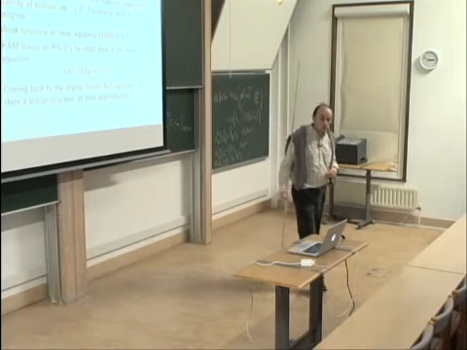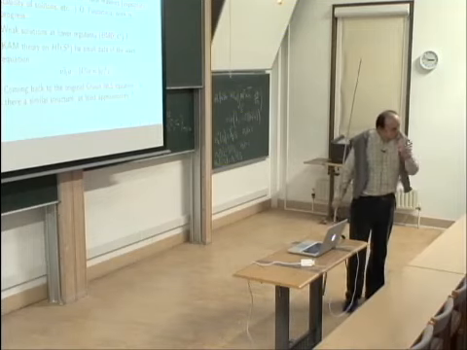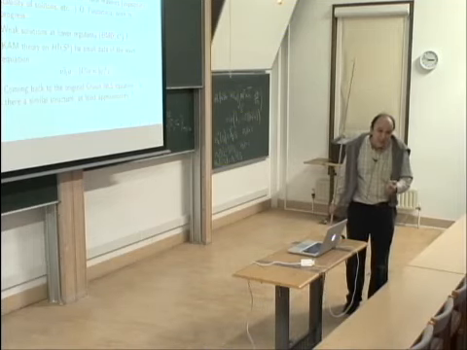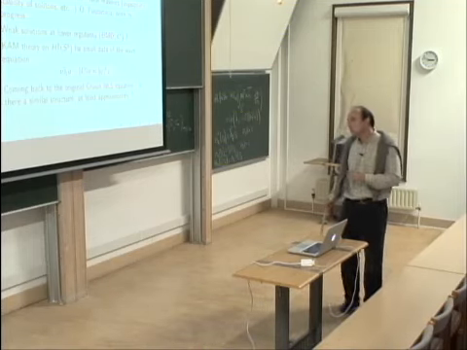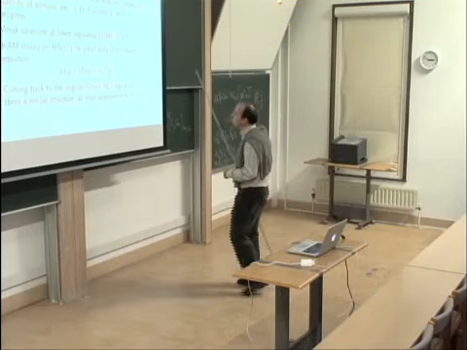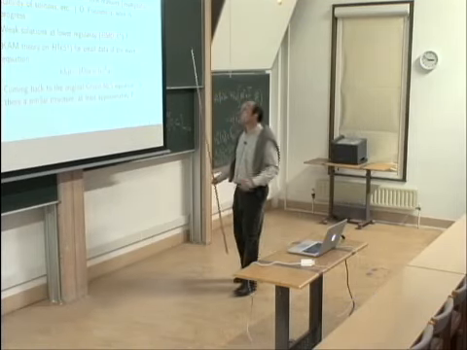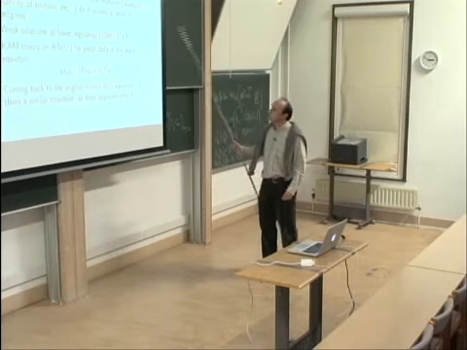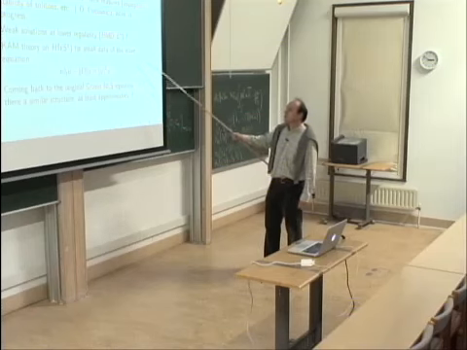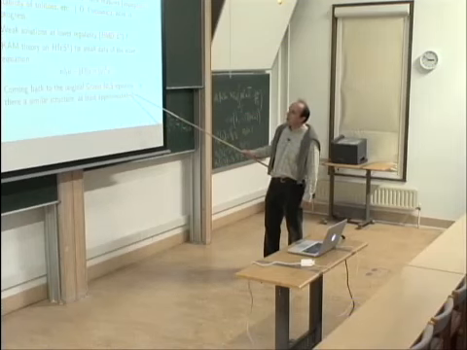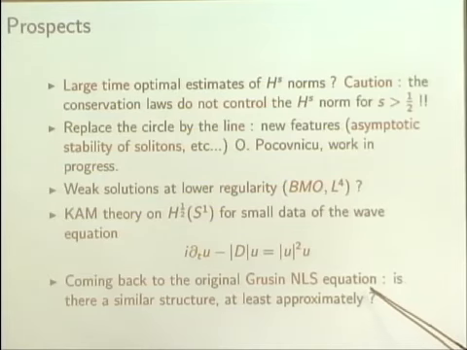Then, of course, the Hankel operators are still defined, but they are unbounded operators. So you have to do some spectral theory for these unbounded operators, and as far as I know, it's not known. And of course, you have to come back now to our original equation. And of course, you would like to know, is there a similar structure? Probably not exactly, but approximately maybe.